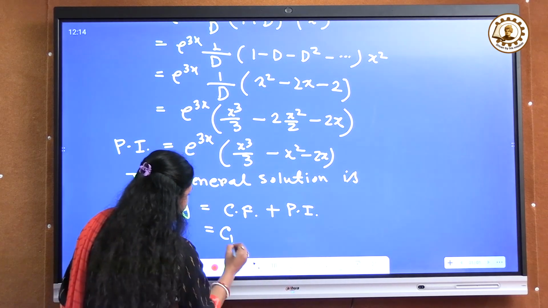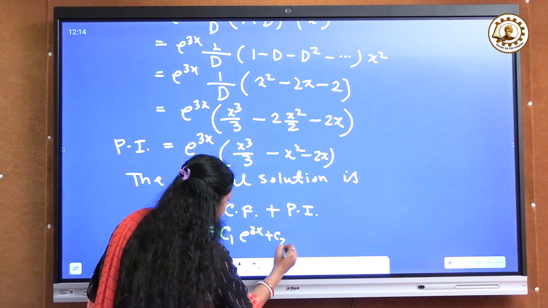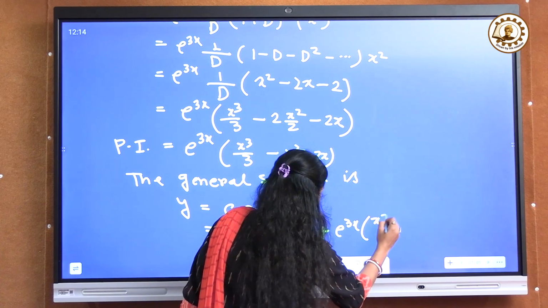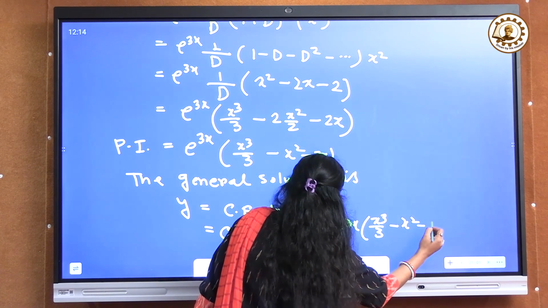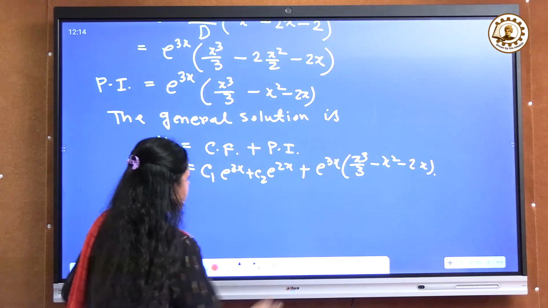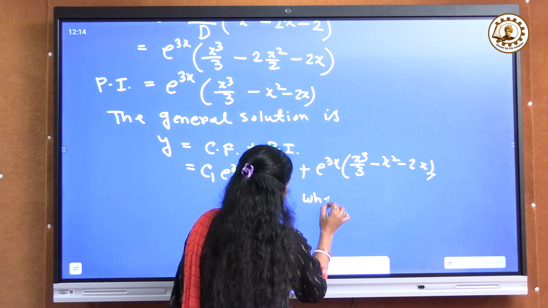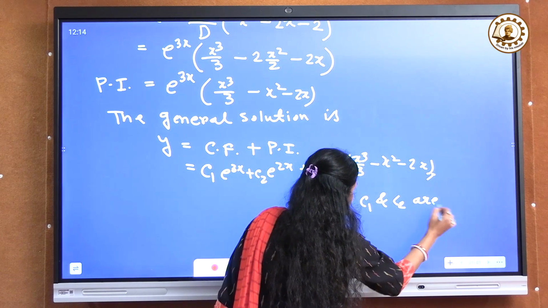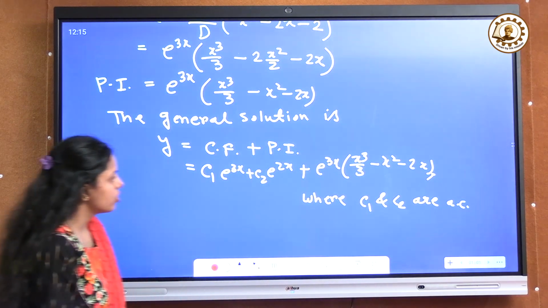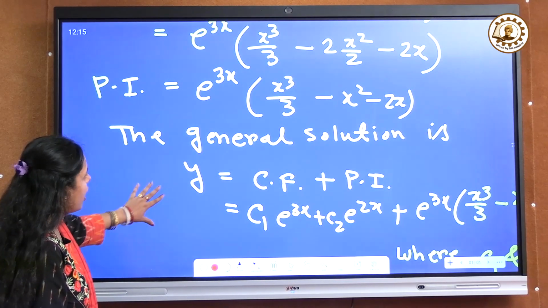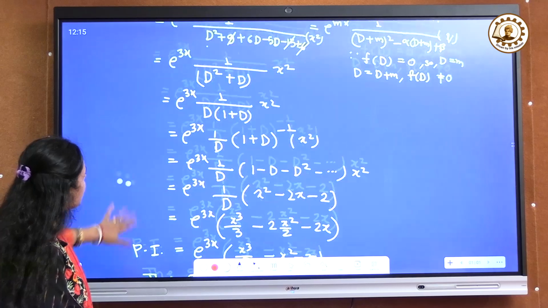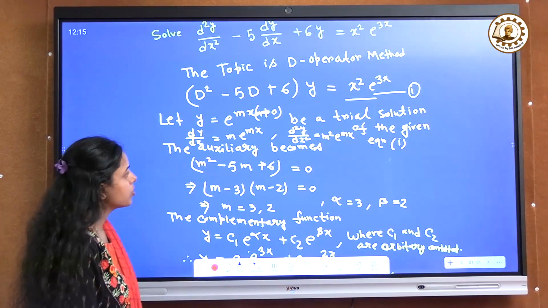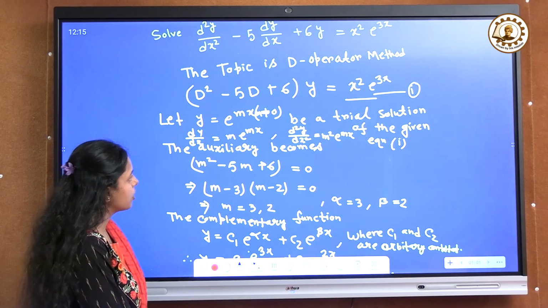CF is C1 e to the power 3x plus C2 e to the power 2x, plus PI, which is e to the power 3x times (x cube by 3 minus x square plus 2x), where C1 and C2 are arbitrary constants. In this process we solved using the D operator method, and the result is the general solution y equals complementary function plus particular integral.